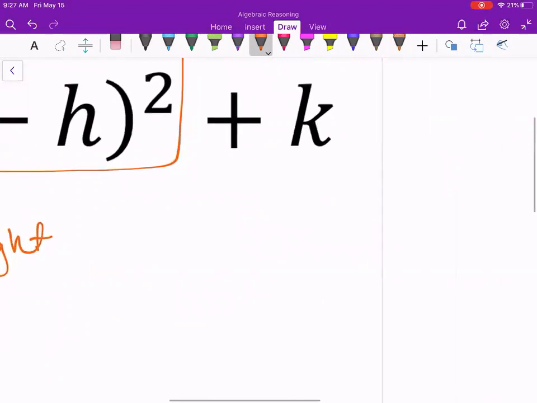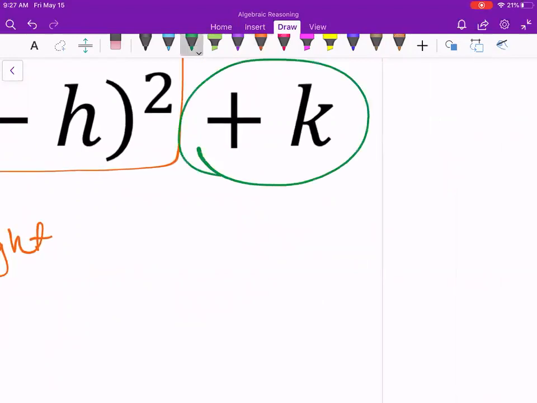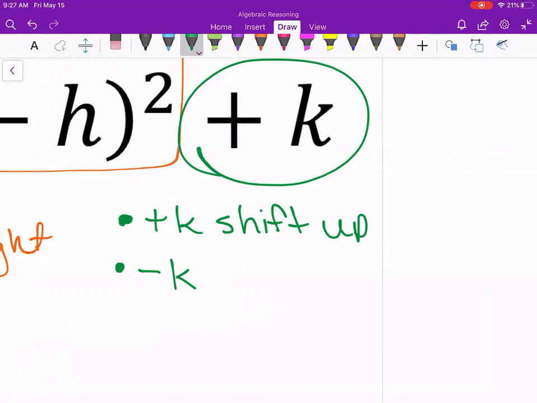The last thing that we looked at was the letter down at the end, the K. We found out that if we have a plus K, that meant we need to shift upwards. And if we have a minus K at the end, so we're subtracting that number at the end, that meant we shift down.